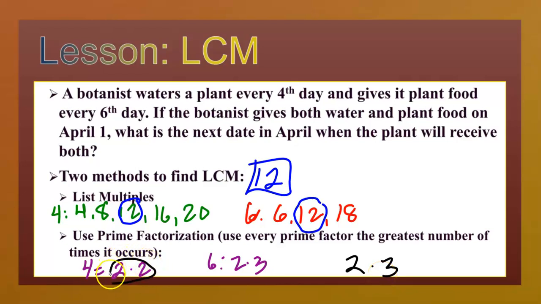But this one has 2 2's, so I have to include 2 2's, so I can put it as 2 squared, or I can just say 2 times 2. 2 squared is 4. 4 times 3 is 12. So that's another way you can use to find the least common multiple.